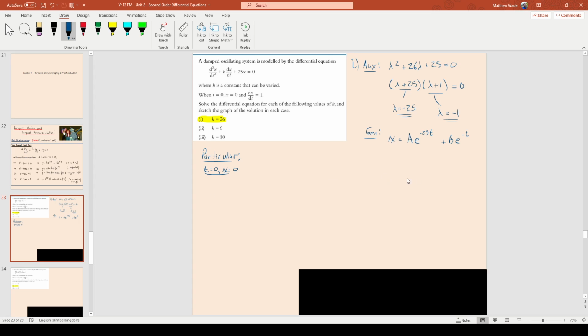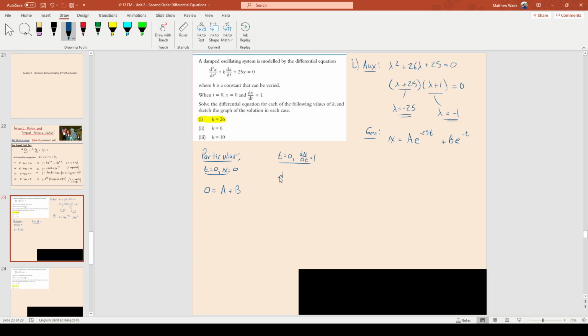Using the general solution here, you're going to get 0 equals a e to the 0, so it's just going to be a plus b. Cool beans? Now we've got to get the other one. For the other one, we'd like to use that when t is 0, dx/dt is 1, to get the other equation so we can figure out what a and b are.